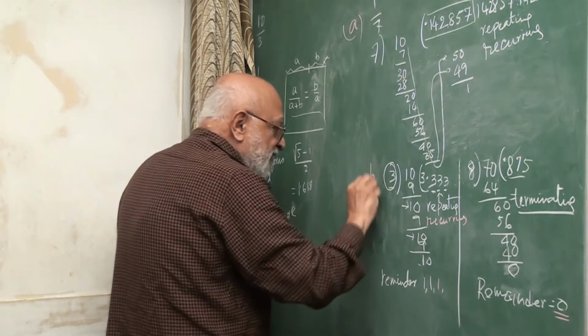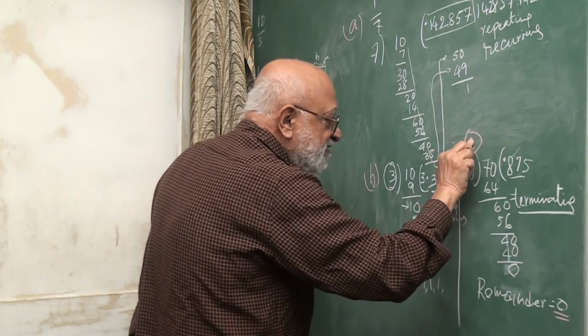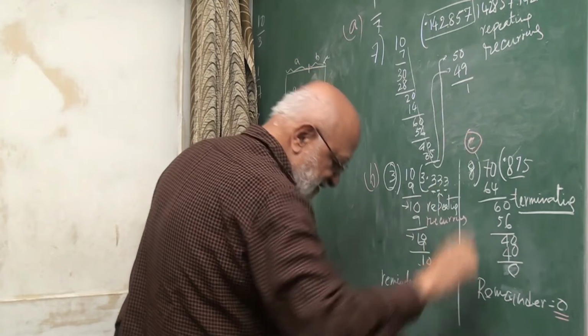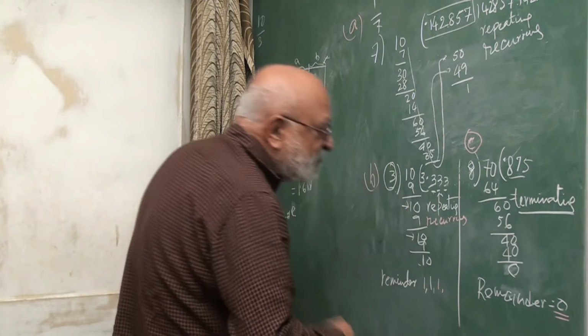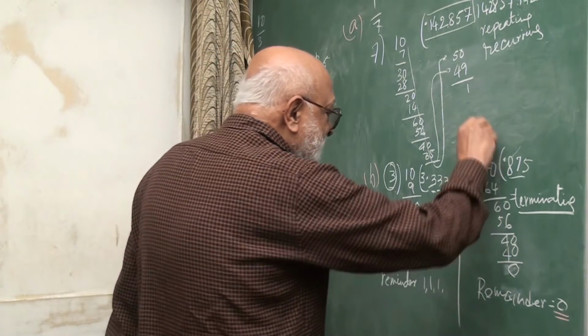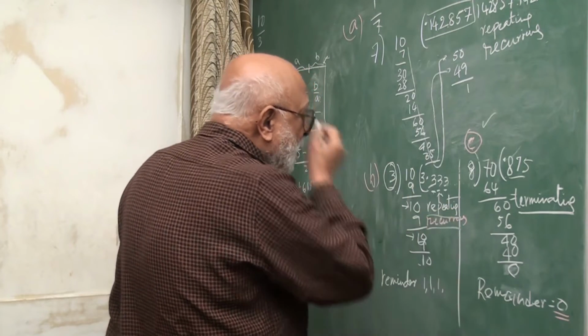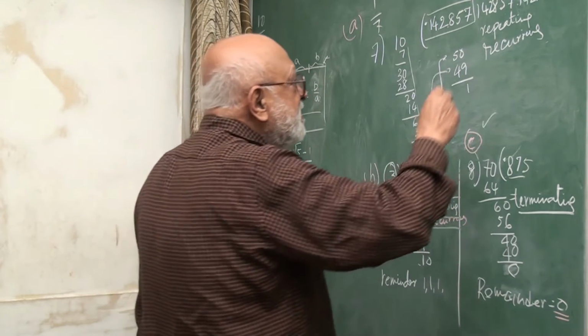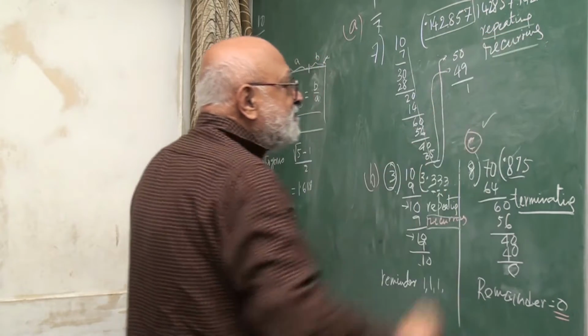Let us call this one A, this one B, and this one C. So these 3: C is terminating, but A and B are non-terminating, repeating, recurring.